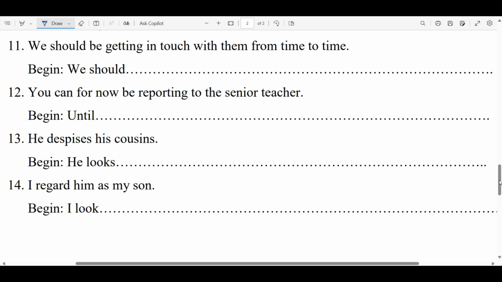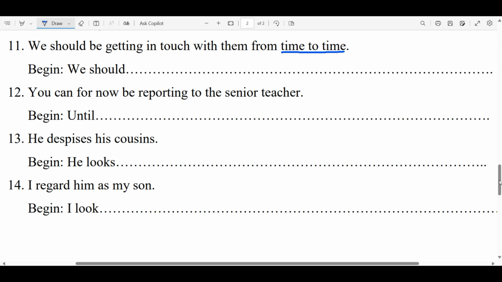So number 11 up to number 14, we have been given a phrasal verb, but we need to use another phrasal verb different from the one that we have used in the first sentence. The first one, we should be getting in touch with them from time to time. So here we have time to time. So we are going to use now and again.